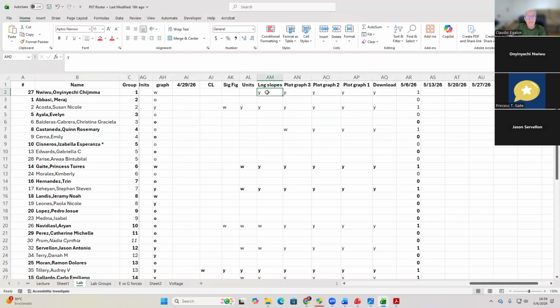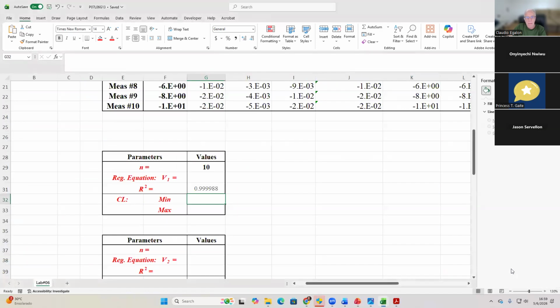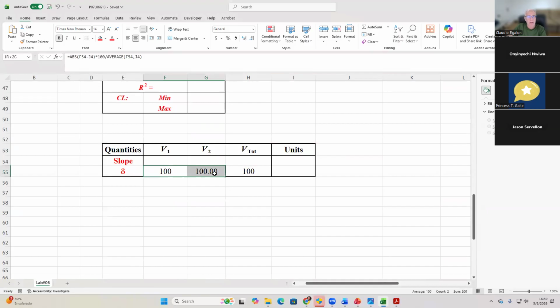The percentage difference should be right in here in those cells: F55, G55, and H55.